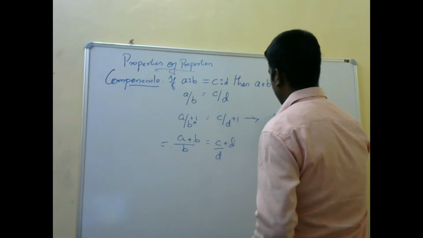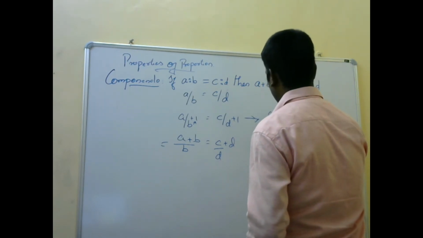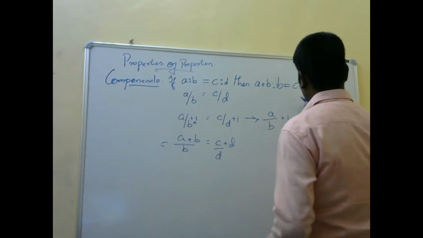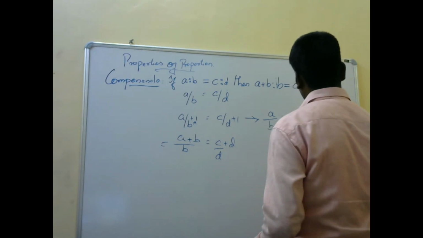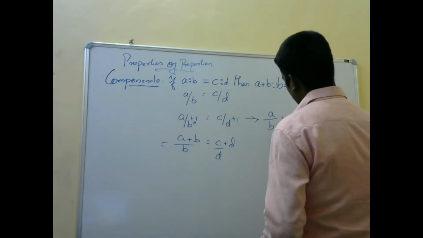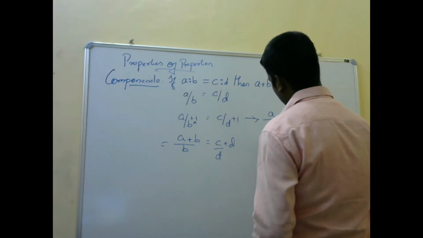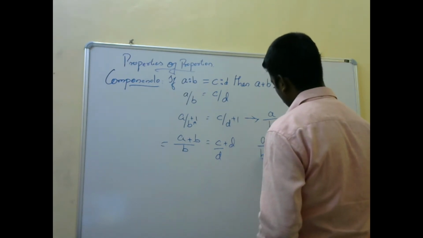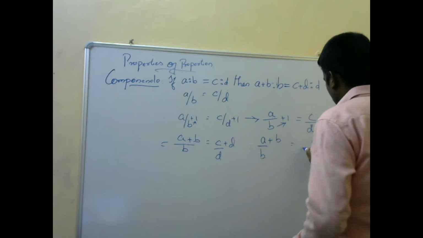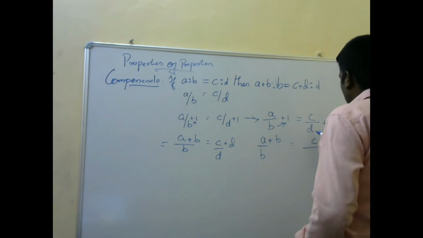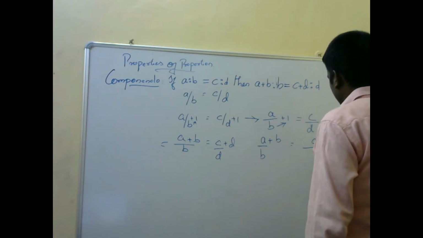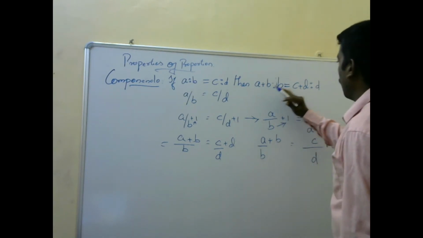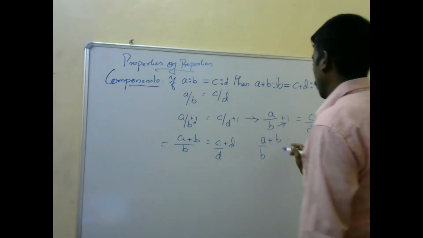You can write this as, clearly I will show you. A by B plus 1 is equal to C by D plus 1. A plus B into 1 by B you will get, in this, C plus D into 1 by D. So what they asked: A plus B is to B and C plus D is to D. So how will you write?